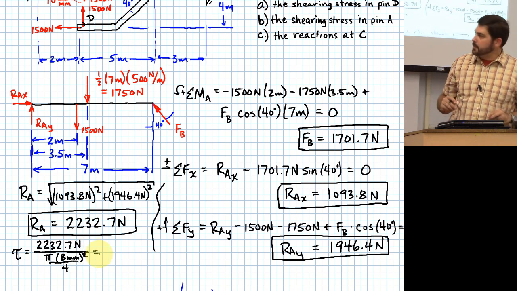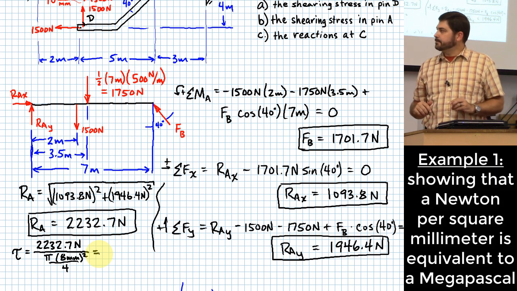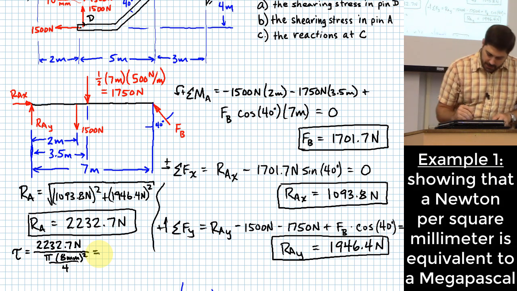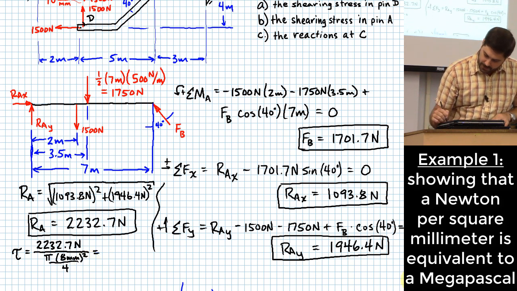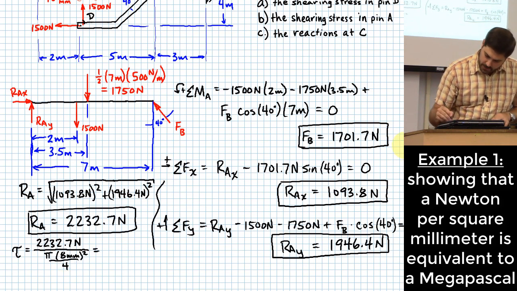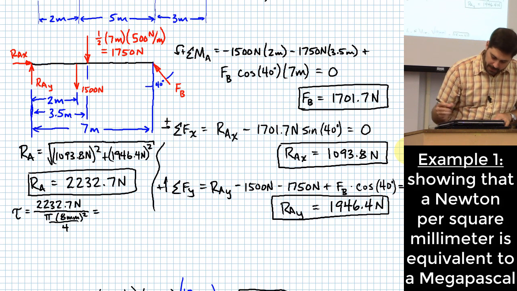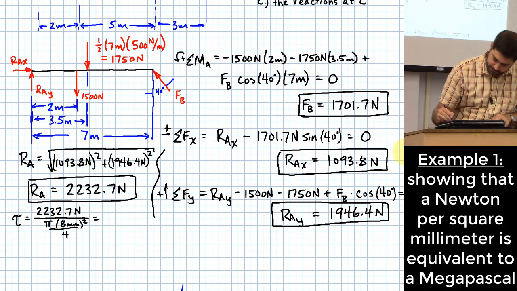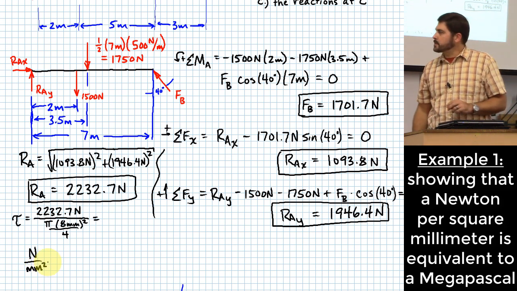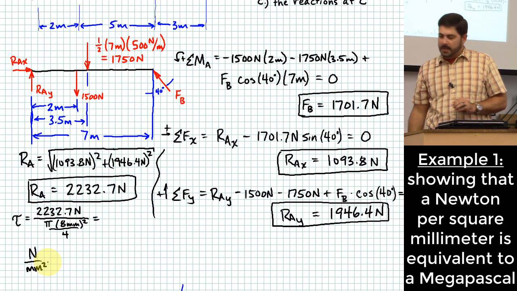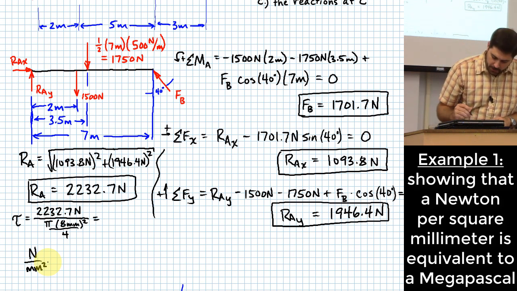Now let me show you something before I even calculate this. Think of what a Newton per square millimeter is. Because that's what this would come out in, right? What if I take that square millimeters and try to convert it to square meters? What's that conversion?